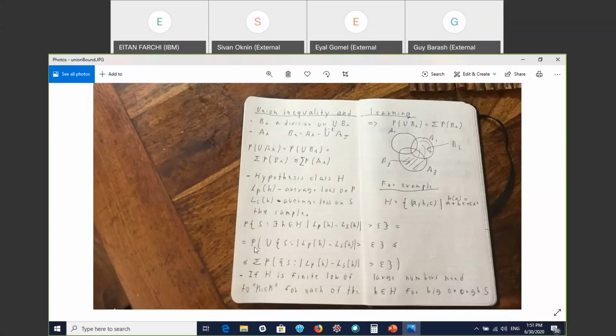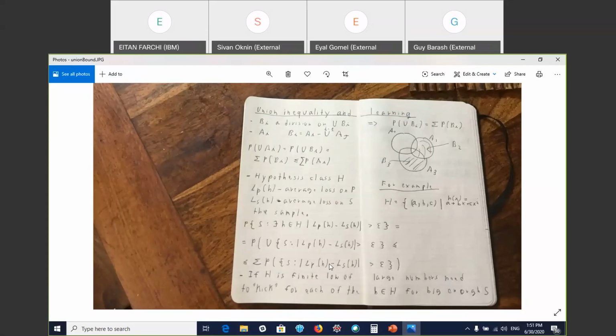And now you've cast the question of how well the sample represents reality in the language of the union bound, because you have a union of sets, and you're asking something about their probability. This is bounded by the sum of the probabilities. Each one of these, once the sample is big enough, will get close to the real probability because of the law of large numbers.